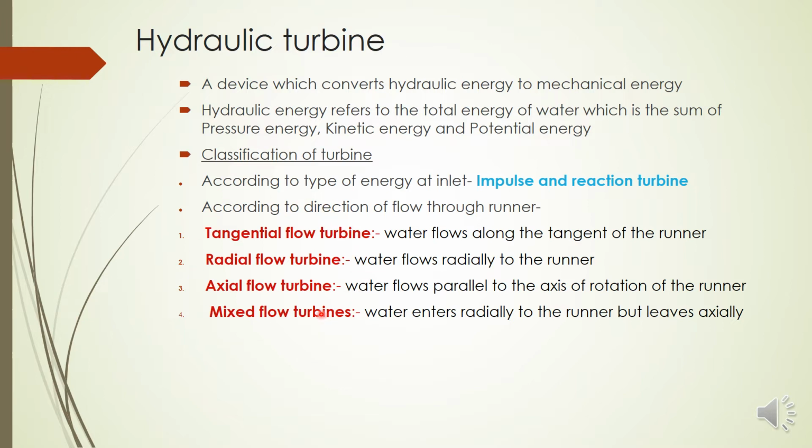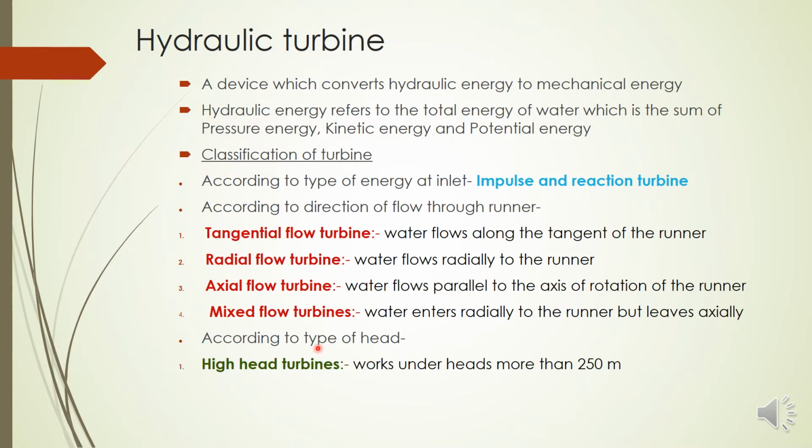And the last classification is according to the type of head. So we have already discussed what you mean by head, what is the unit of head, etc. So according to how much meter of water head is available at the turbine inlet, we classify into three categories. First one is high head turbine. What do you mean by high head turbine? It works under the head of more than 250 meter.